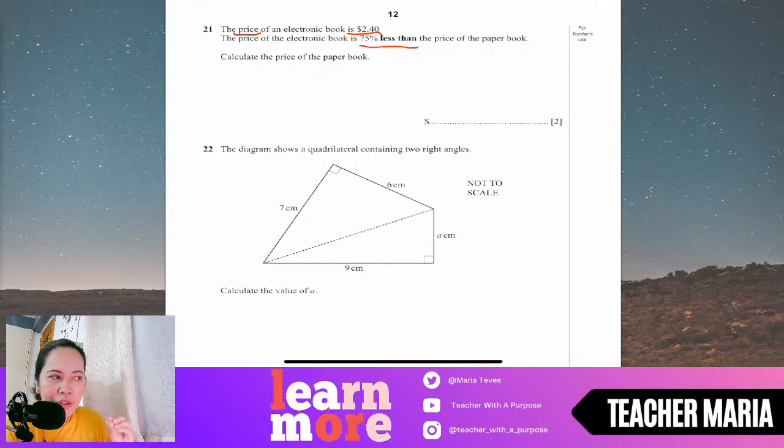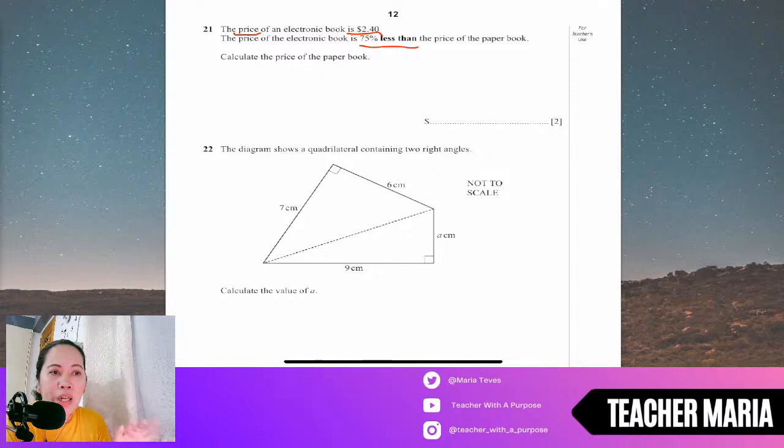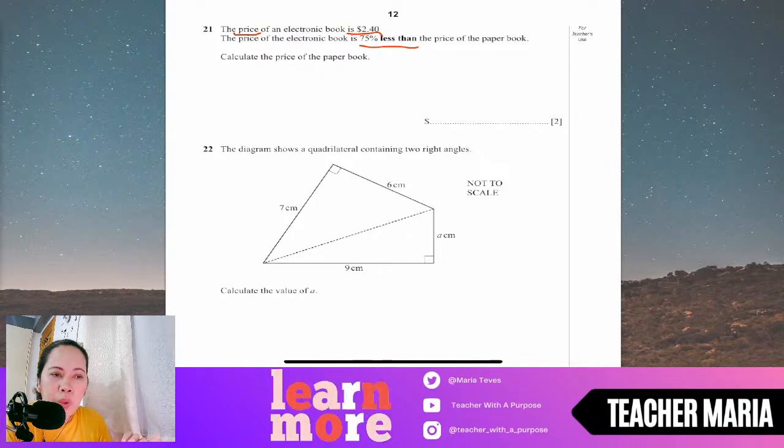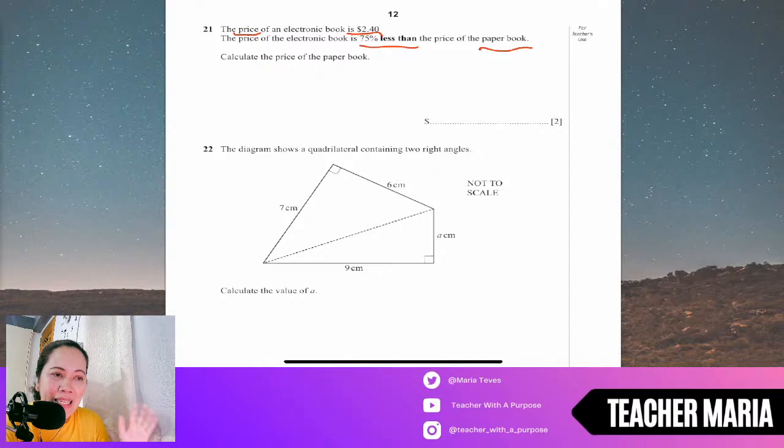Now you have to be conscious or observant as to what are being highlighted in questions. Most of the time, the highlighted words in a question are your clue or your hint. It says 75% less than the price of the paper book. So calculate the price of the paper book.